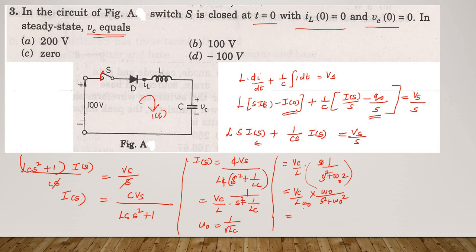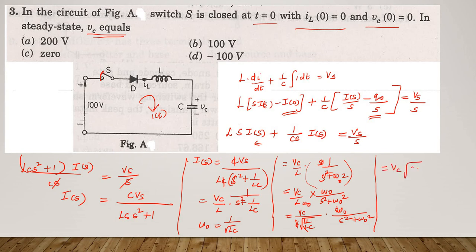Next I have to substitute the value of omega naught. So VC divided by L into square root of 1 by LC into omega naught by S square plus omega naught square. Here I have to cancel this.